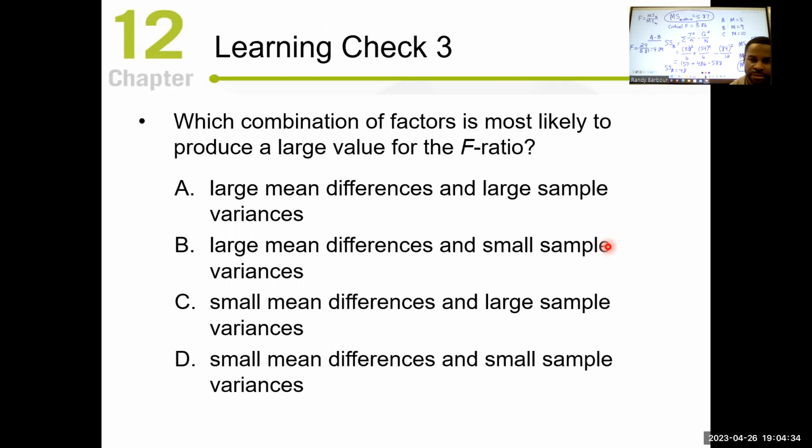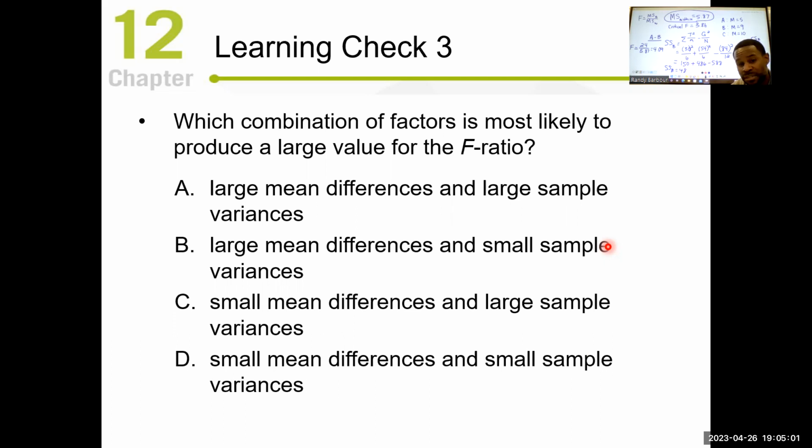So it says, which combination of factors is most likely to produce a large F value for your F ratio? If you look at the F ratio, you're looking at the variances, right? But as we just talked about with the effect size and the Tukey HSD, the differences make a huge difference in how large the F ratio will be.